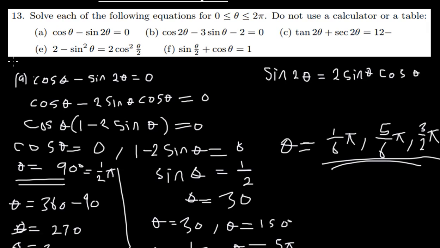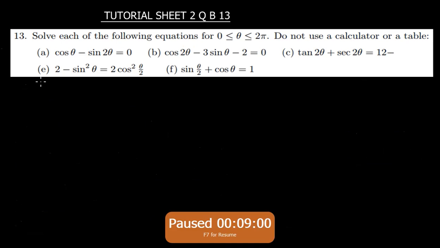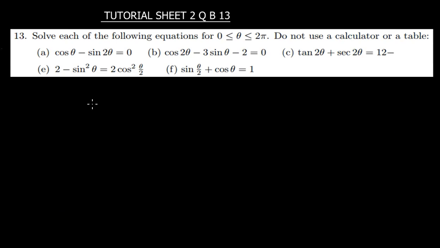And then let me also do E. So E here is this. Here what you are supposed to do, you can convert one of these into another similar trig ratio. What do I mean by converting that? So let's take for instance 2 minus sine squared theta.